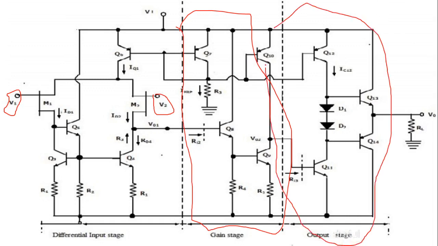operational amplifier. You can see here there are two MOSFETs, and there are around 12 NPN transistors, 2 diodes, and 6 or 7 resistors.